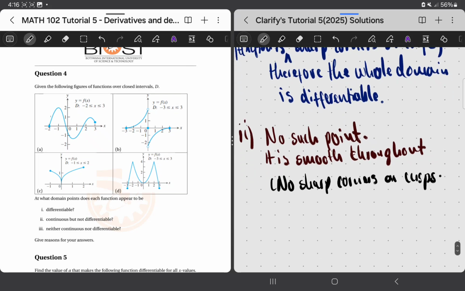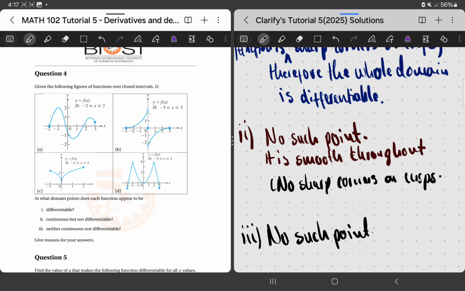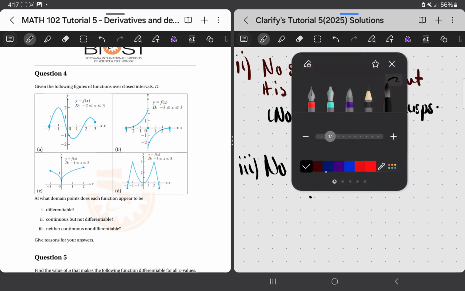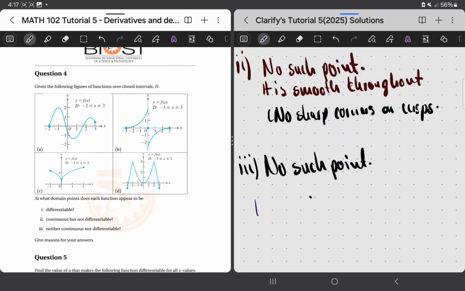Now we are doing part 3, which is neither continuous nor differentiable. You can say that no such point, where it is neither continuous nor differentiable. Why do you say it is continuous? Function is continuous. We can say that because there are no jumps or vertical asymptotes.